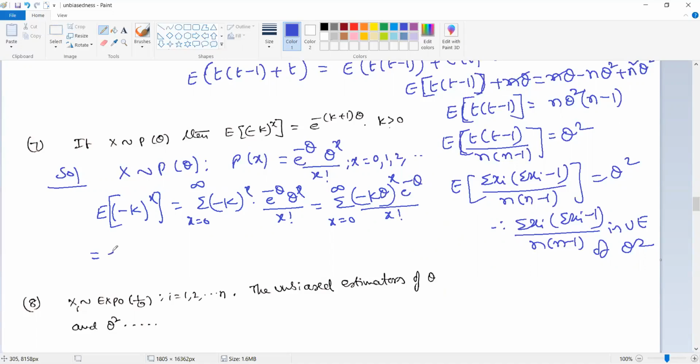So now that is equal to e^(-θ), a constant. Now substitute the x values and expand this summation.